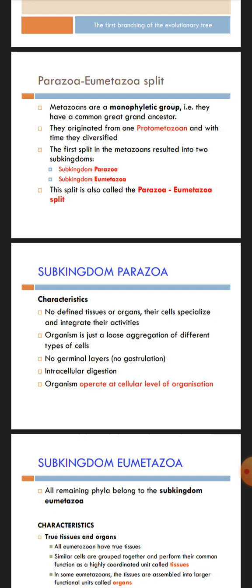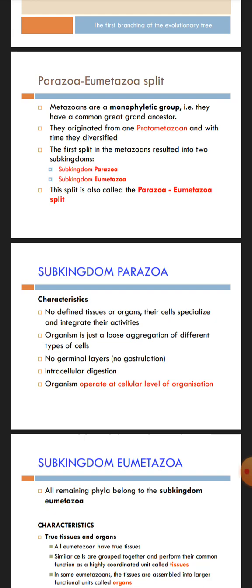So you can see that these two subkingdoms resulted in metazoa doing what? Splitting. So you have to understand the subkingdom PARAZOA, then the subkingdom EUMETAZOA. What I can tell you is that all animals which are living today are metazoa. That's what we know.